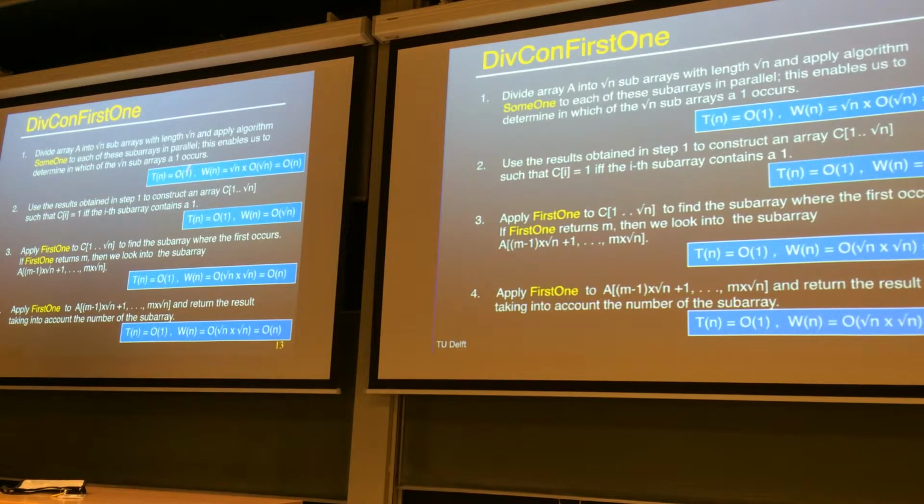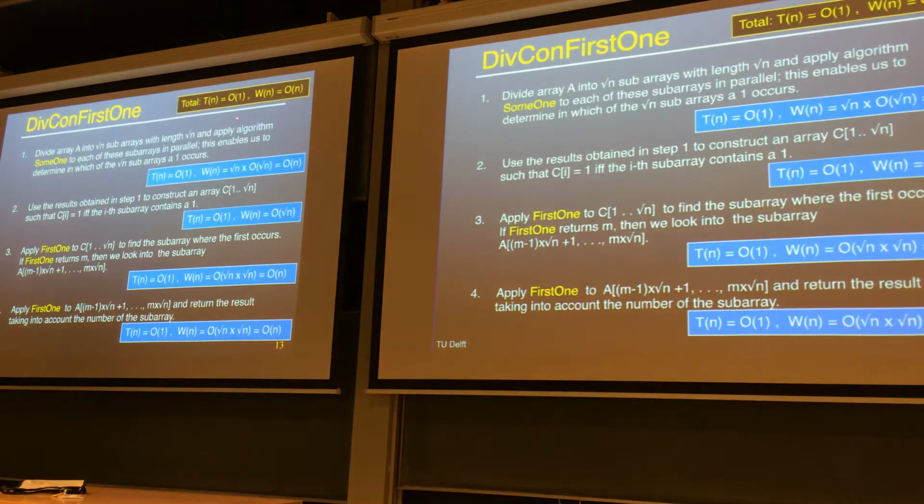Now, if you look at what the total costs of the algorithm are, we have a constant number of steps. So here we have O(1), O(1), O(1), so that means O(1) amount of time. Here we need O(1), O(n), O(square root of n), O(n), O(n), so that means O(n) amount of work.